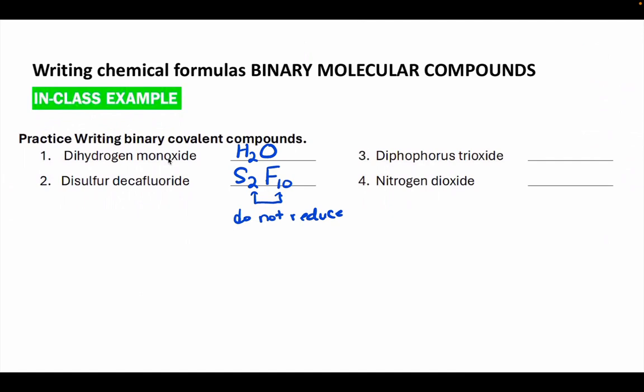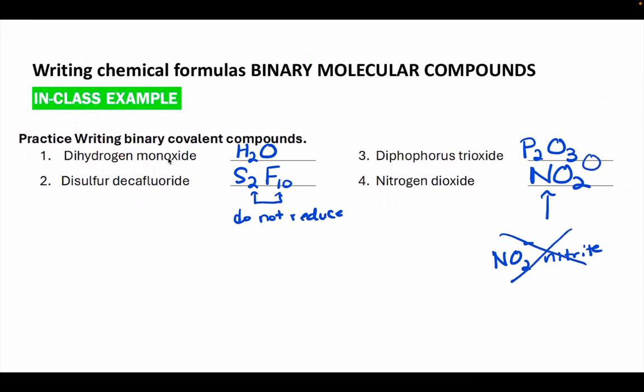In an ionic compound, we do reduce, but not in covalent molecular compounds. This one's going to be diphosphorus trioxide and nitrogen dioxide. Another thing to note is NO2, nitrogen dioxide, is a compound. There's also a polyatomic ion called nitrite. These are not the same thing because this does not have a charge.